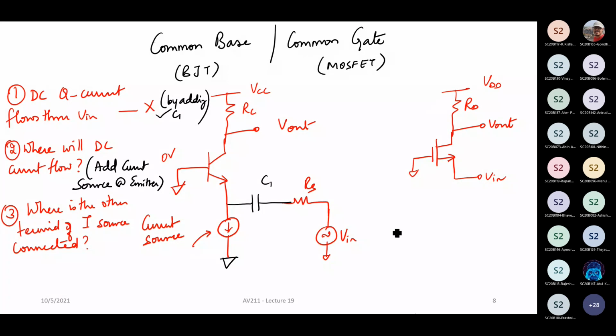Okay, let me add one more constraint. The constraint is that a practically realizable current source needs positive voltage across it. Base is grounded, we need it to be negative. Exactly, right? Your base is already grounded.